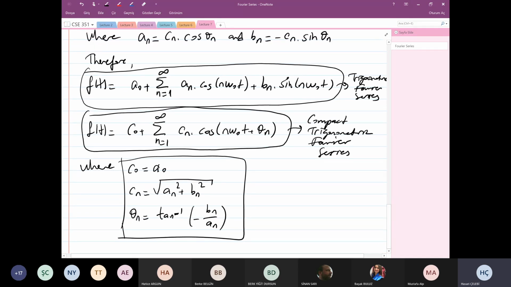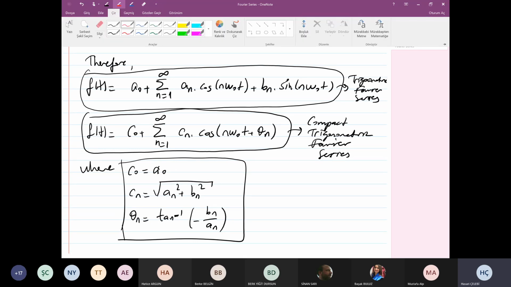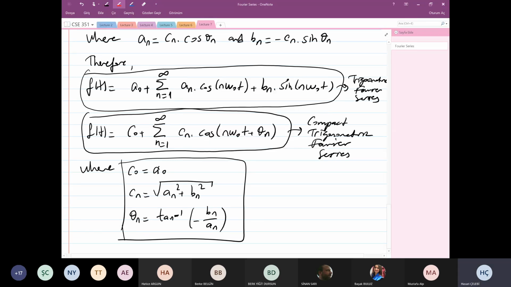Okay, here one of the important things in the Fourier series, as you can see, guys, is to find the coefficients. What are those coefficients? These are the coefficients that we need: A0, An, and Bn.